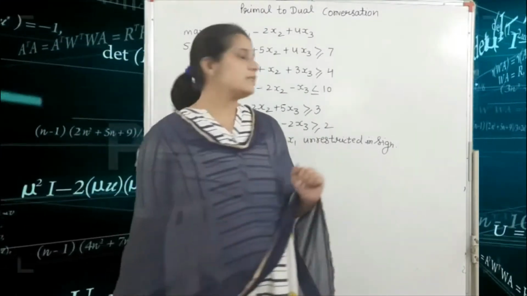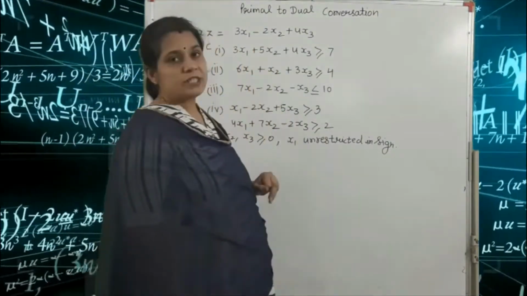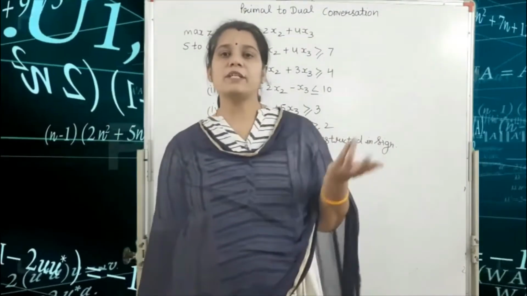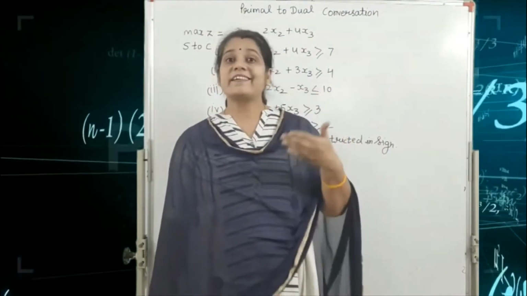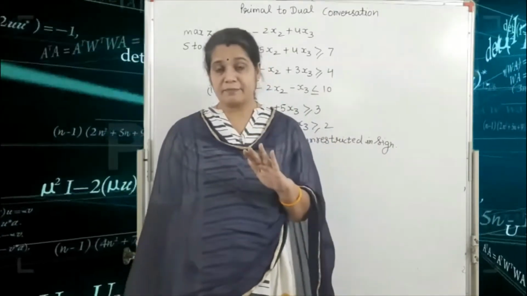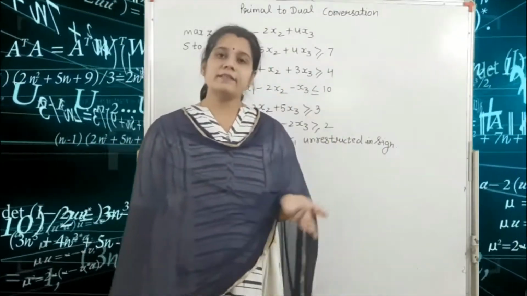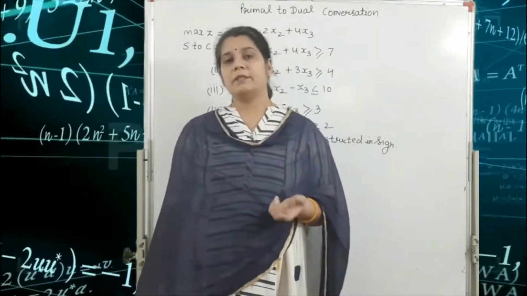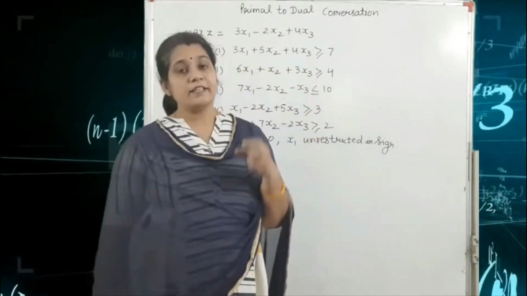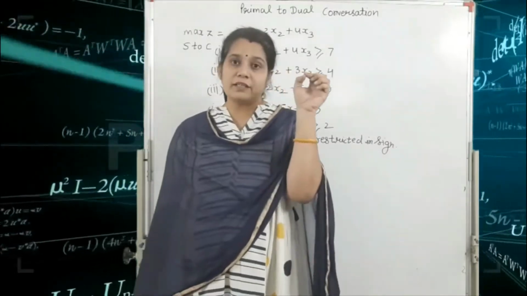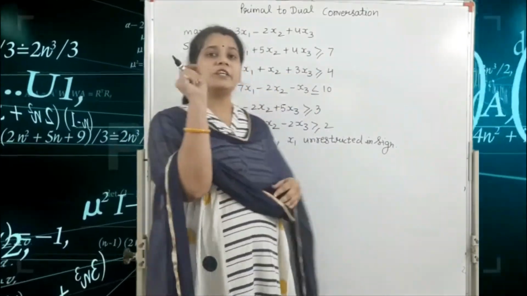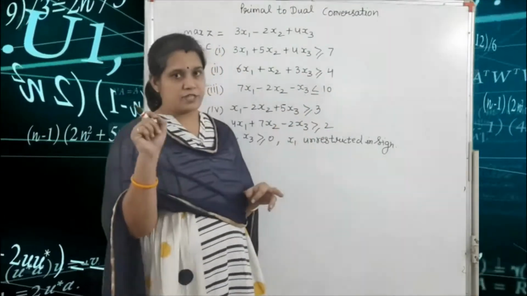Next, if in the primal one or more than one variable is unrestricted in sign, then for the corresponding equation in the dual, you write the equal to sign. Got it?